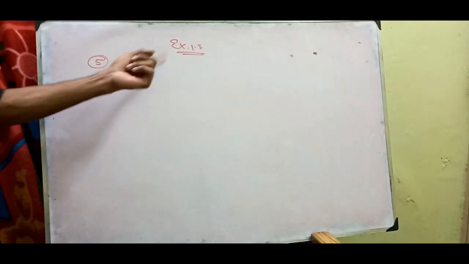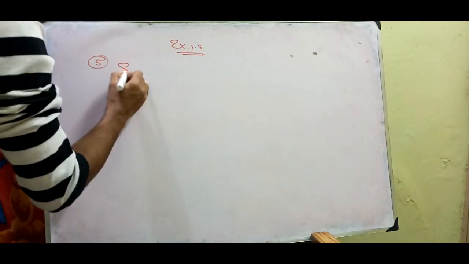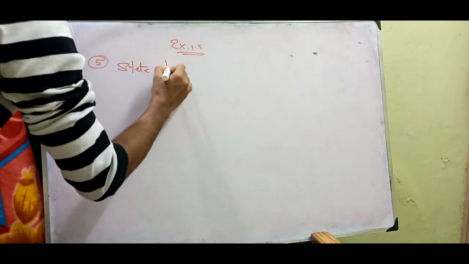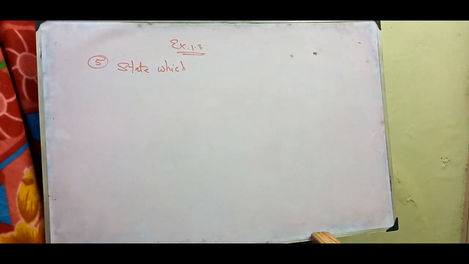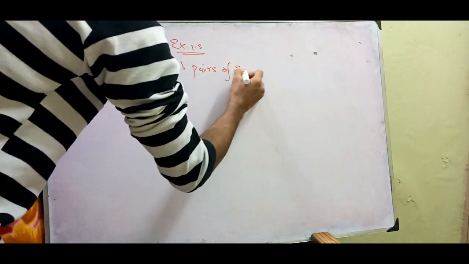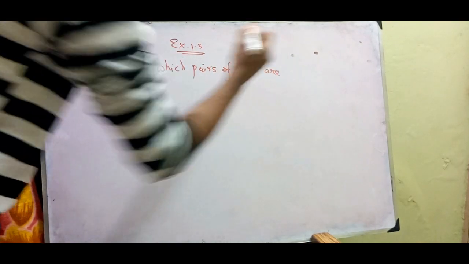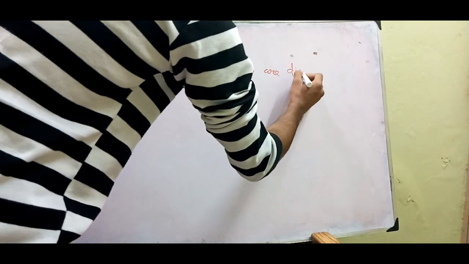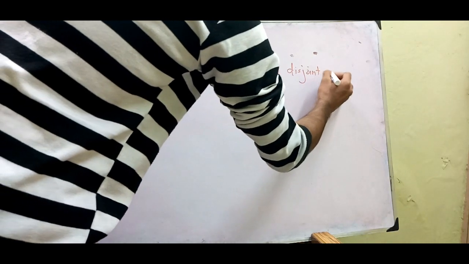Let us have exercise 1.3, fifth question. State which pairs of sets are disjoint or overlapping.